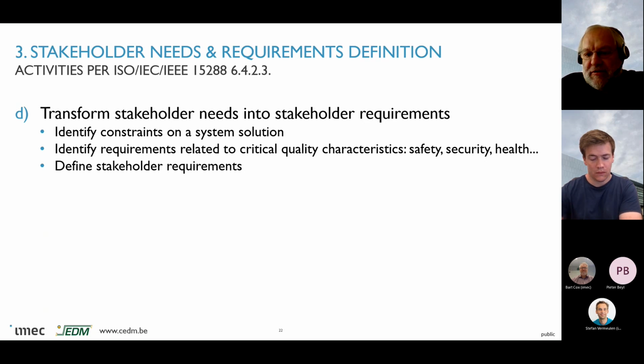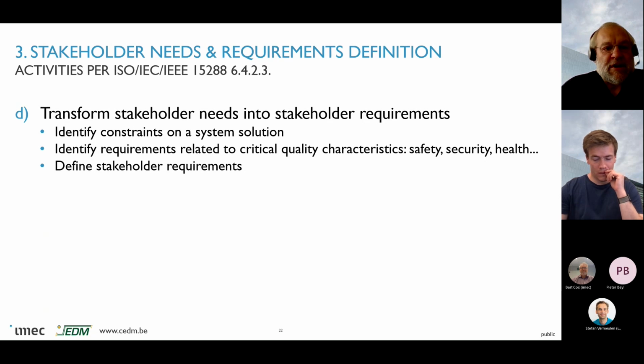That's a need, but it's not a requirement because you cannot measure quality as such. A requirement could then be that it must be fair trade coffee of a premium brand. That is a requirement which can be verified, and that's the difference between a need and a requirement.